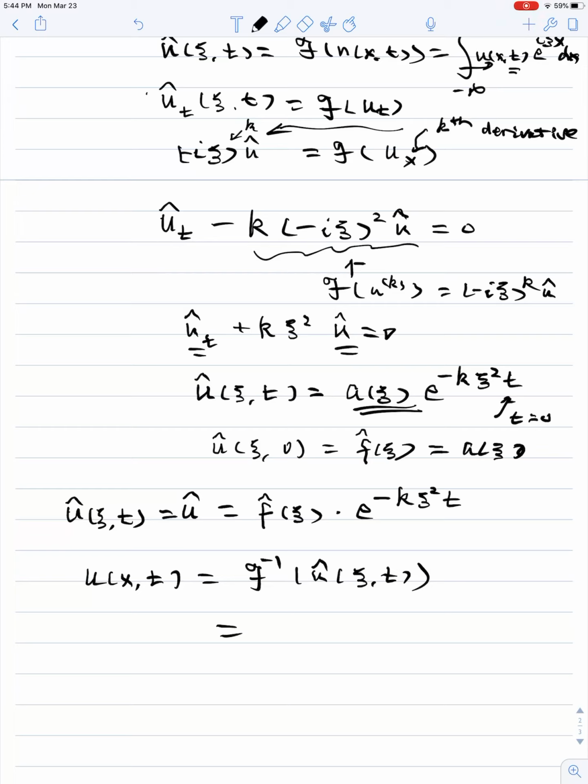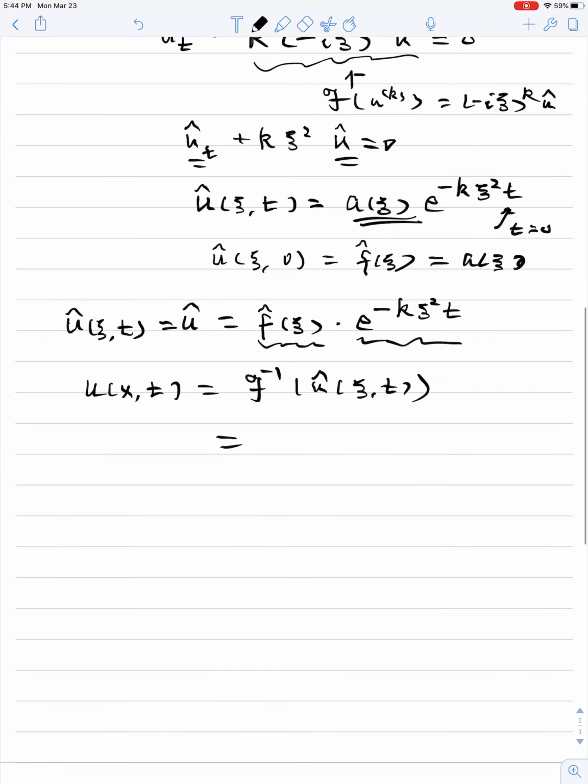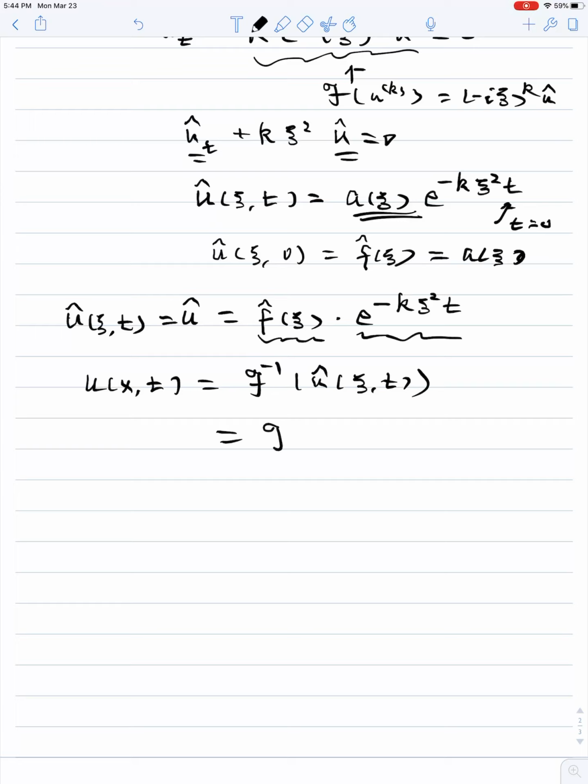Now remember, this is a product of two functions, so by the convolution property, this becomes the inverse Fourier transform of f̂(ξ) convolved with the inverse Fourier transform of e^{-kξ²t}. It's not a product, it's the convolution. Since f is mapped to f̂ by the Fourier transform, the inverse Fourier transform maps f̂ back to f, so you get f(x), and then convolved.